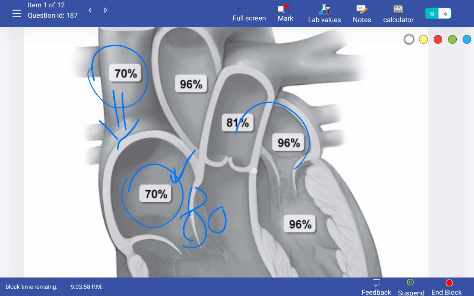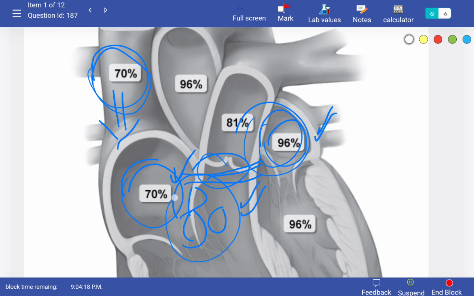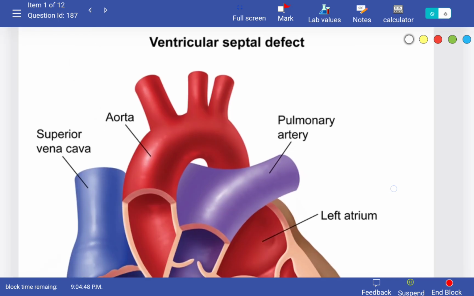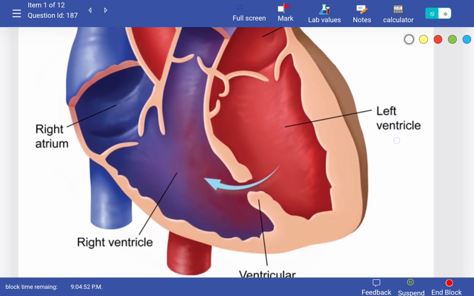Because the pressure in the left atria is 96%, and if there was a hole, the blood would go toward this side and increase this pressure, while normally this pressure would be the same, just like in this case. But if it increased from 70 to 80%, then that would be the case of ASD. As I mentioned, this is the case of VSD.